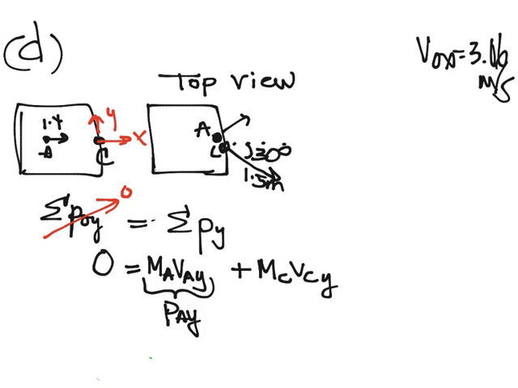I know my whole velocity, so I'm going to draw C's velocity triangle. The hypotenuse is 3.06 meters per second. I know that my angle right here is 30 degrees.